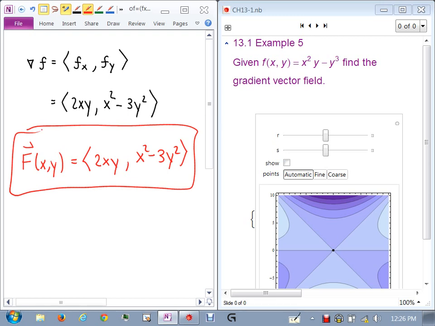Now, by itself, it's just a vector field, right? But the fact that it came from the gradient of a scalar function makes it a very special kind of vector field. We call it a gradient vector field because it's the gradient of something, right? It's the gradient of some scalar function. Nothing new here other than some terminology.